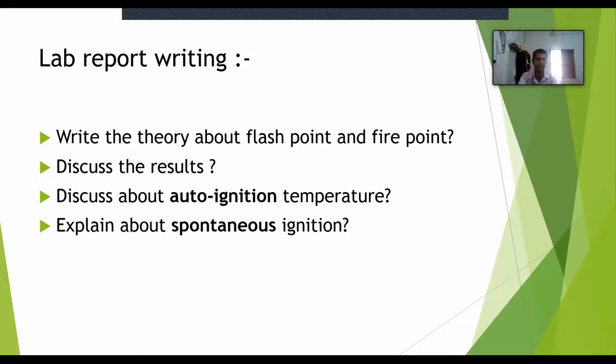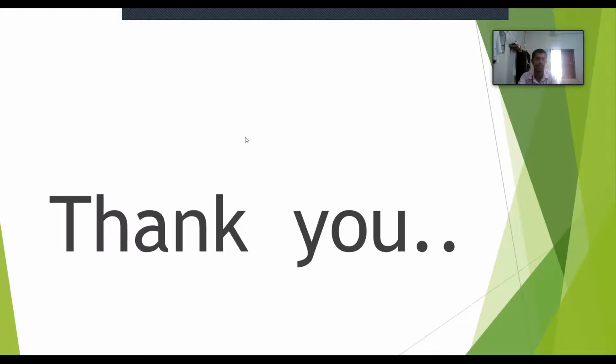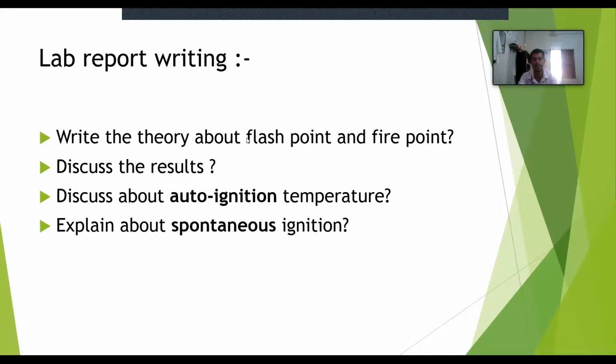For this one, you have to write down the theory. We just studied flash point and fire point, so those are the theory. You have to write down the theory and discuss the result. Results mean we got the flash point at 79 degrees Celsius.